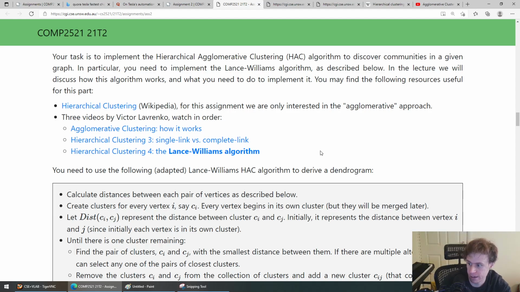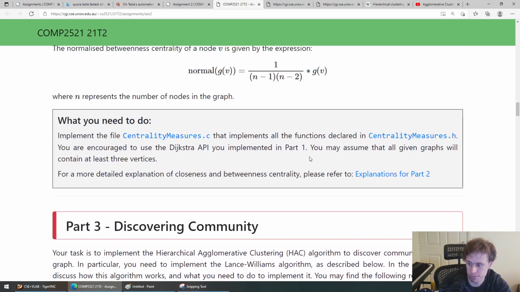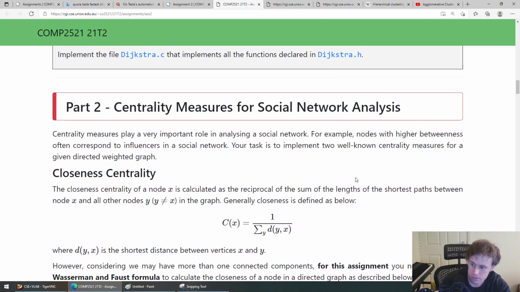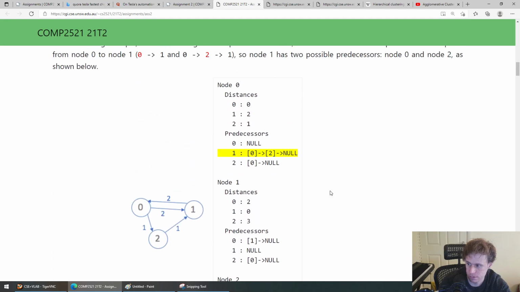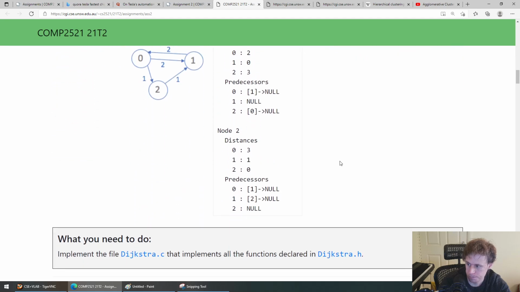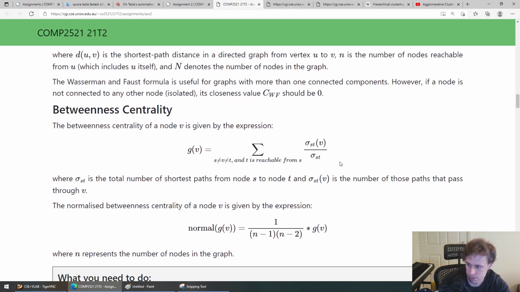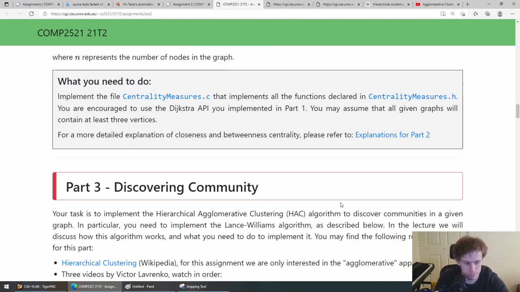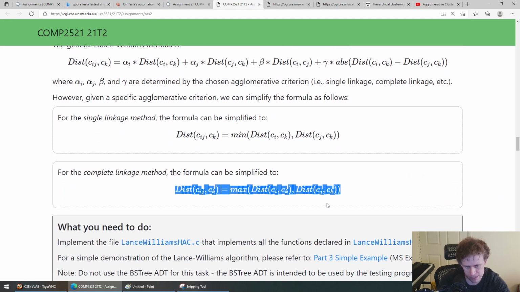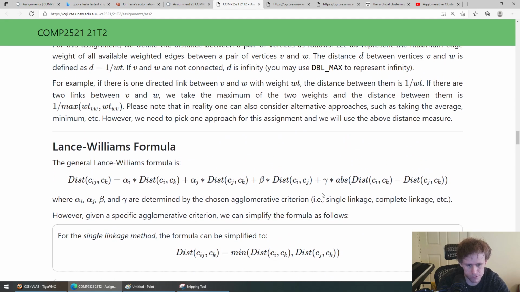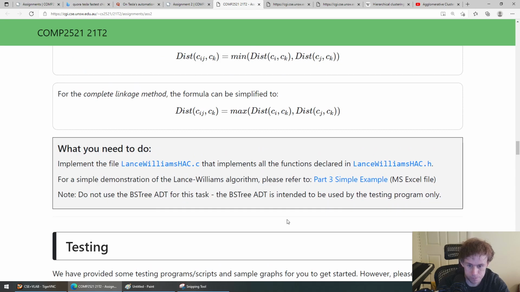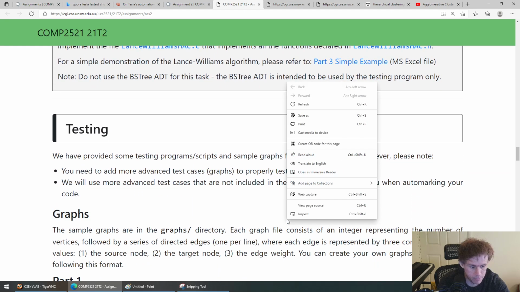I'm not going to lie, I haven't done either assignment 1 or assignment 2, but if I was a student still, assignment 2 seems less scary at a glance. It doesn't seem easier. It seems like more code to write, but it's more clearly specified what to do. The process is kind of given to you in a lot of this, which is really helpful. And I'm hoping that actually translates for you, and it's quite manageable.